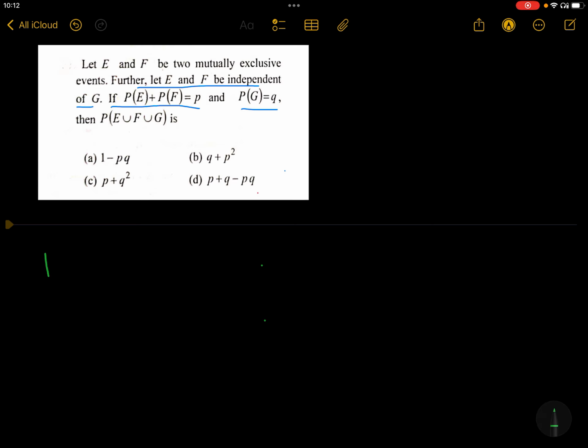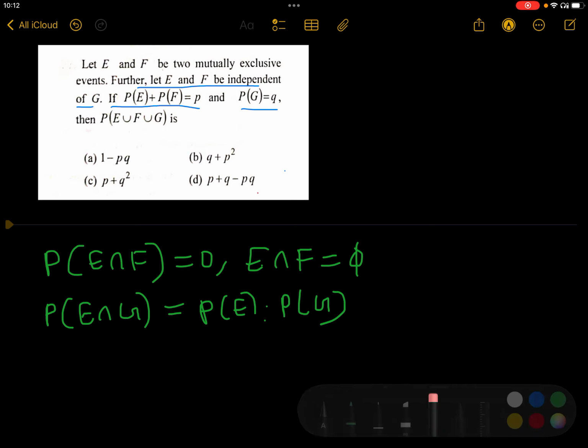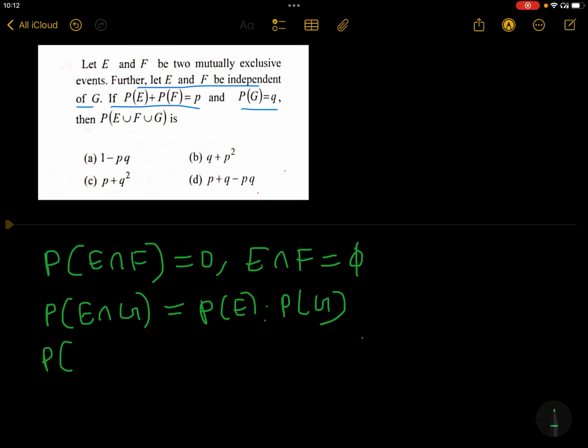Further, let E and F be independent of G. That means P of E intersection G is equal to P of E into P of G, and P of F intersection G is equal to P of F into P of G.